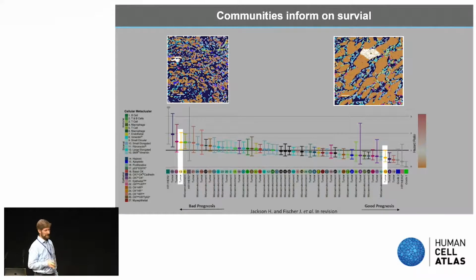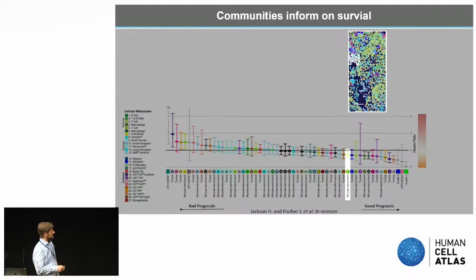But then things are much more complicated than that. If we look at the microenvironmental communities, which are fairly heterogeneous, we could also find that in triple negative patients, triple negative being the best predictor of bad prognosis, if you have certain communities, these patients can actually have a good prognosis.